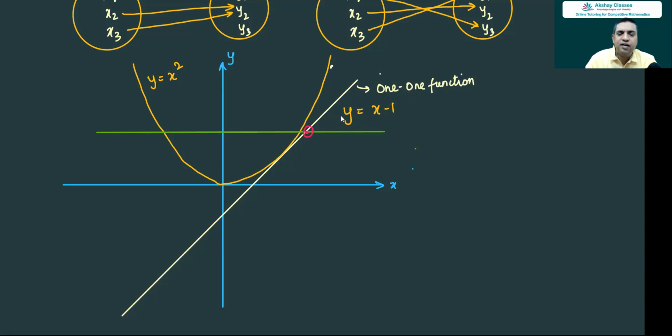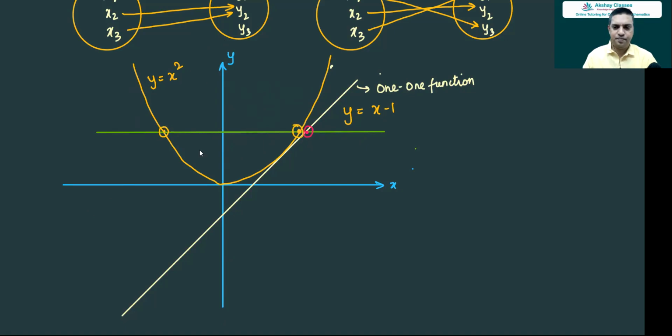It is not just one horizontal line. You draw any horizontal line throughout the graph from negative y-axis to positive y-axis, it will cut the curve only at one point. Whereas for a many to one function, this cuts at 2 or more points.